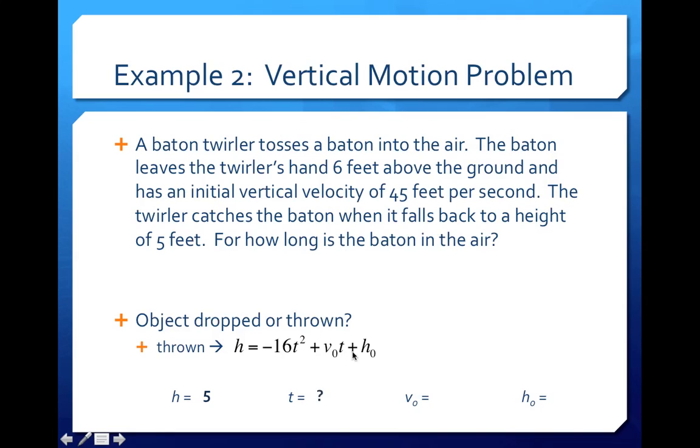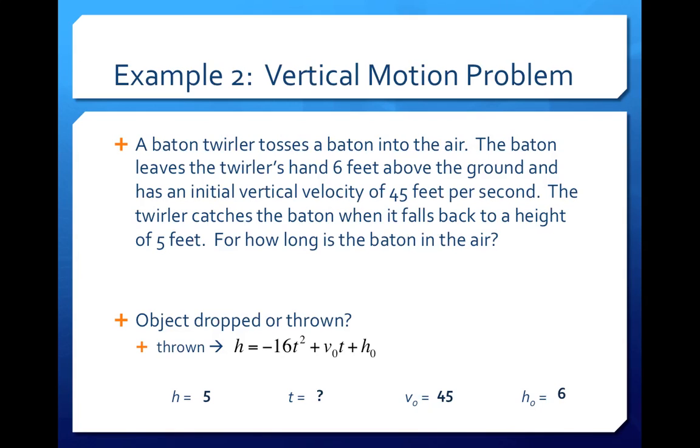So the t is going to remain our variable. The v sub 0 is the initial velocity, and we're told right here that initial velocity is 45 feet per second. And then finally we have our h sub 0, which is initial height. The initial height of the baton when it leaves the twirler's hand is 6 feet. So we need 6 for that term.